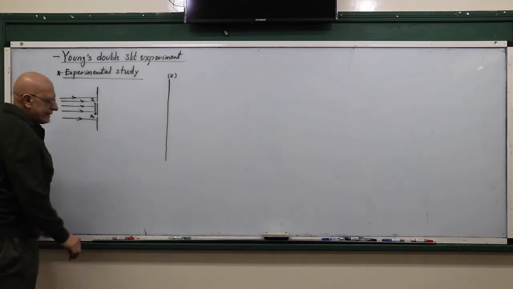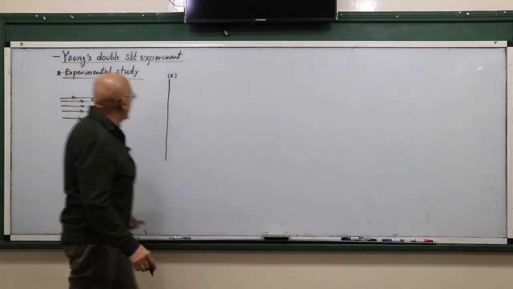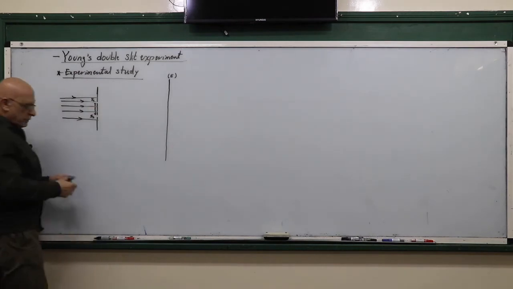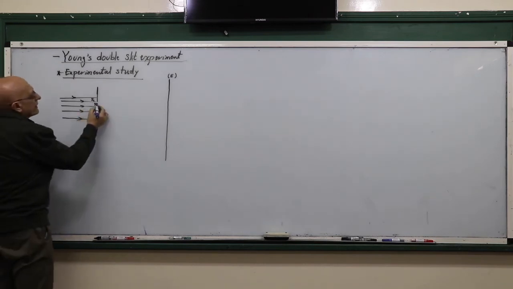So as we said here, light will diffract by S1 and S2. To make a good figure, take the midpoint of segment S1S2.